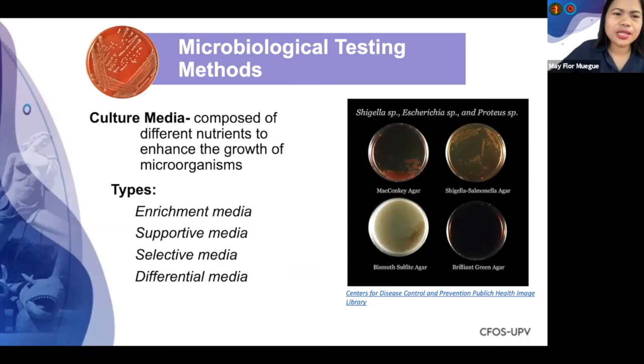So you use a TCBS instead of simply using a nutrient agar, kasi yung nutrient agar, nag-cater din siya ng growth ng Vibrio species. But if you use TCBS, no, that's a green media specific for Vibrio. Ang mag-grow lang doon yung mga Vibrio species. And then when they grow, makikita mo yung mga luminous na species, it will emit light kapag nilagay mo sa dark yung media na yun. So that's an example of a differential media.